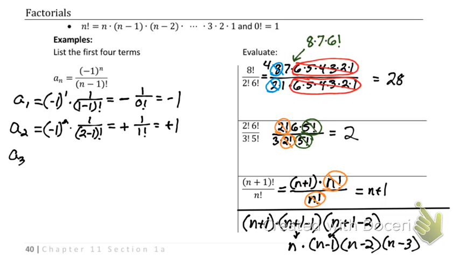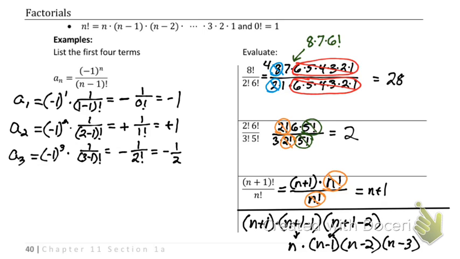Continuing on, a sub 3 would be negative 1 cubed times 1 over 3 minus 1 factorial, which is going to equal negative, since negative 1 cubed is negative. And that'd be 1 over 2 factorial, which is just going to equal a negative 1/2.